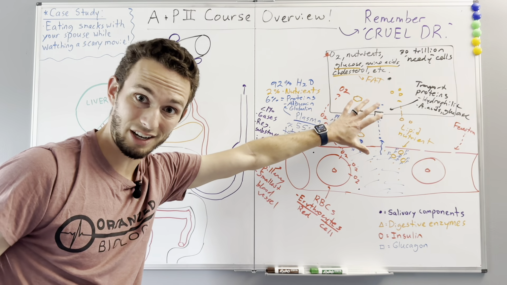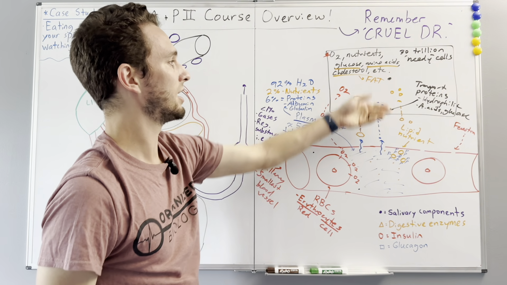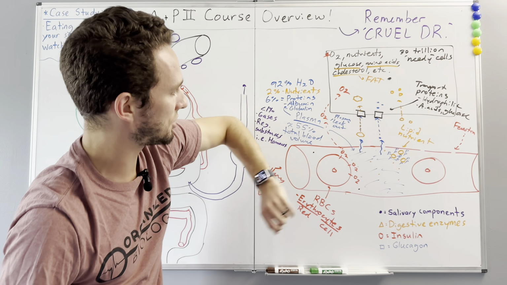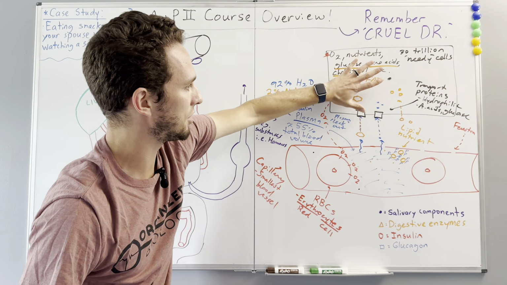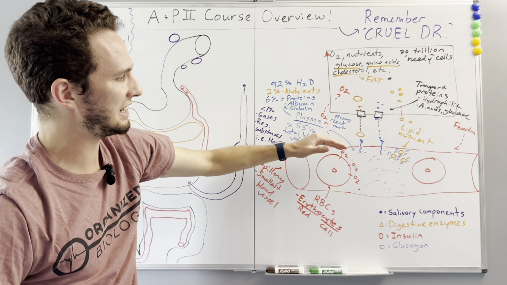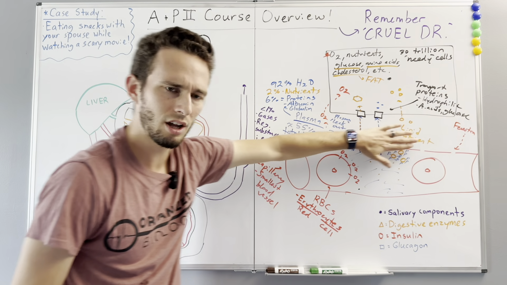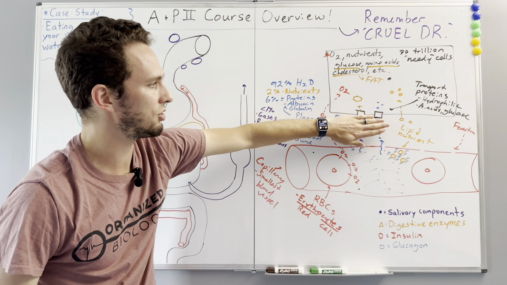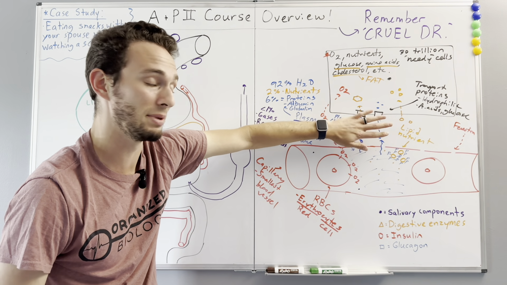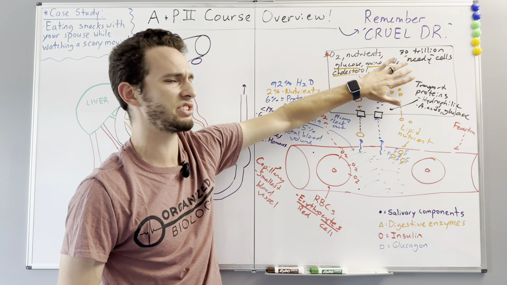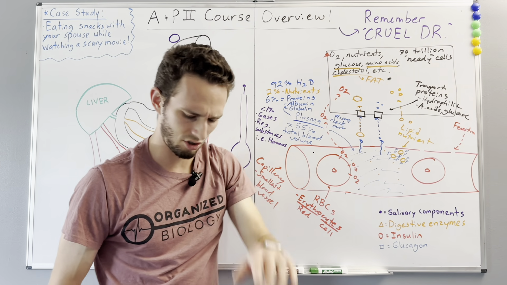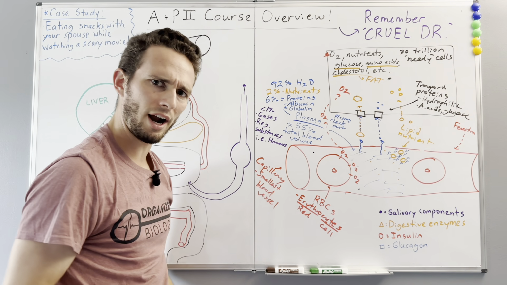So this is a pretty complex process, right? We've got to leak that stuff out, get it into the cell, flowing high to low concentration, giving all the nutrients to the cells. But what's interesting is we're actually leaking plasma, as I mentioned, out into this space, right? We've got the bloodstream, we've got the interstitial space, the between space, and then we've got the intracellular space. What's interesting is the plasma is leaking where?